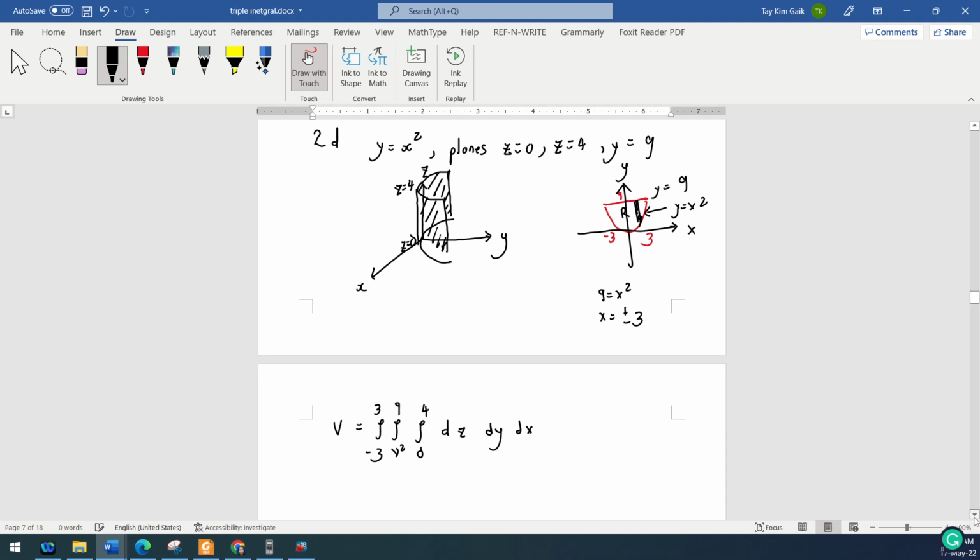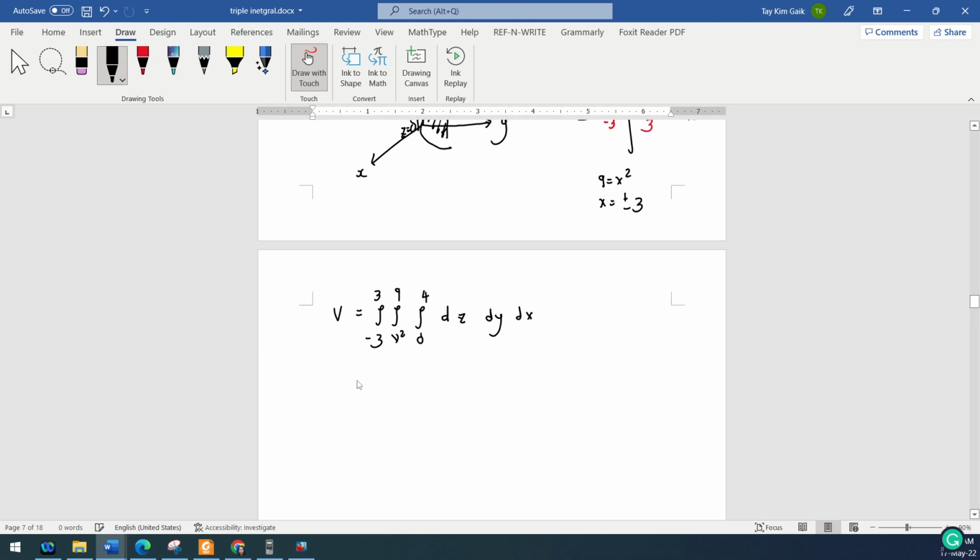Okay, then once you set up the correct limits, you just integrate as usual. This is x squared, this is 9. Integrate 1 dz, you have z. So z from 0 to 4, then dy dx. So x squared to 9. So you have 4 dy dx.